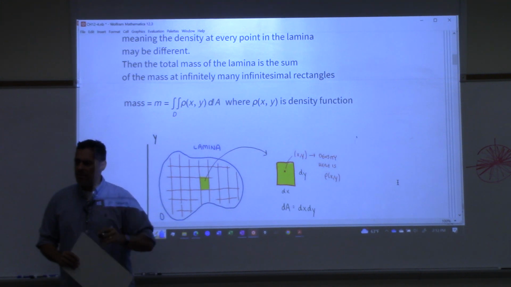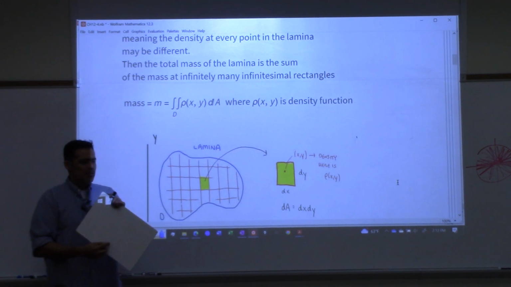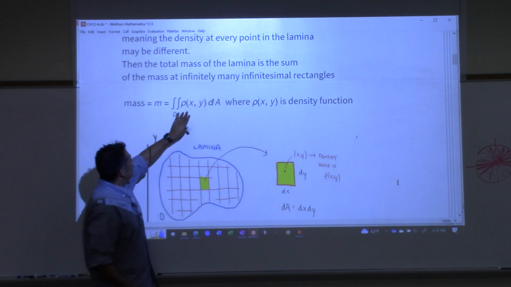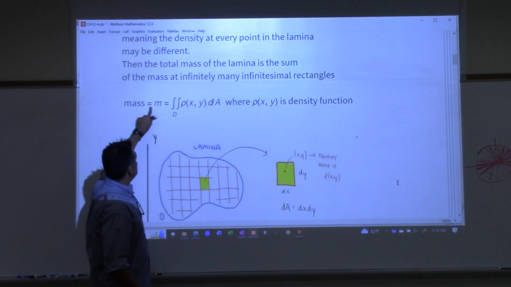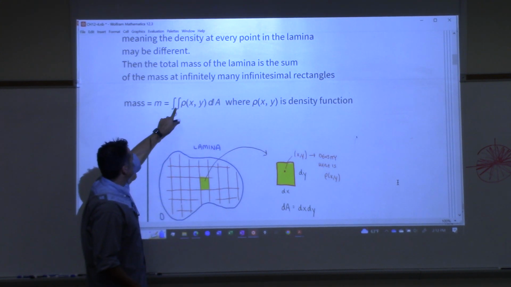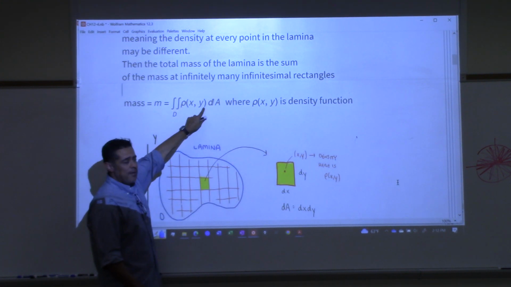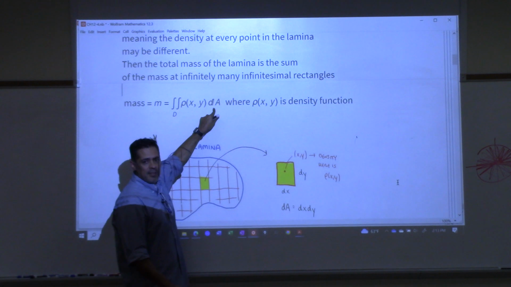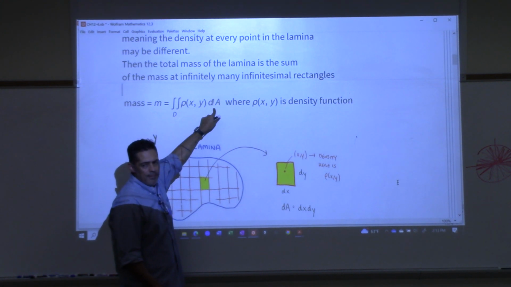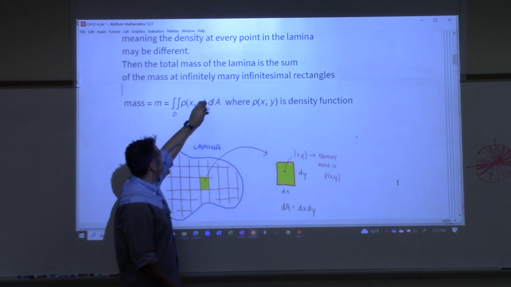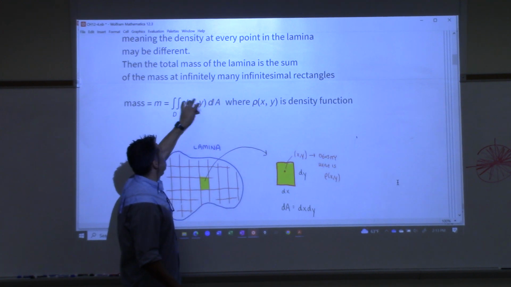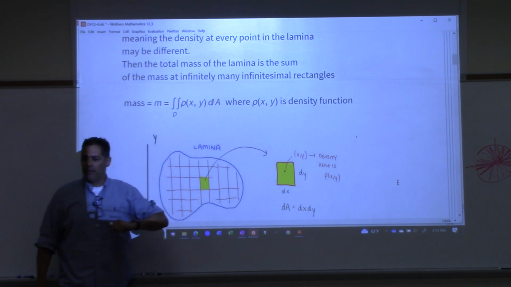I tell you, hey, at every point, what's the density? If I do that, then the mass of this lamina will be the double integral over the region D of the density function times dA, which is the area. So it's the density times area, which is a mass. The sum of the masses is what you're doing here.